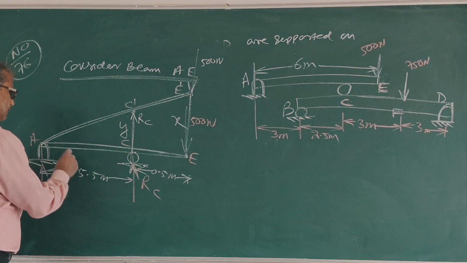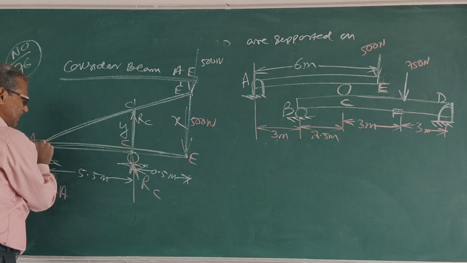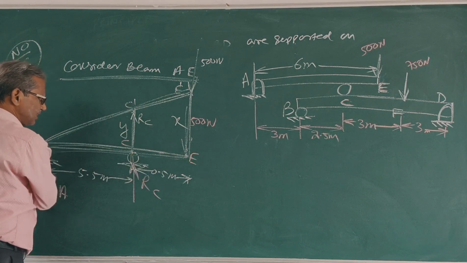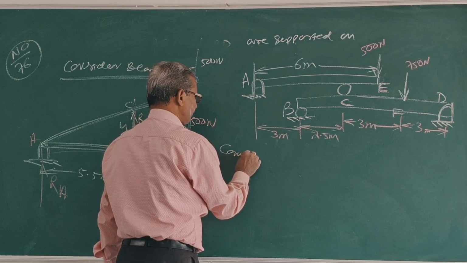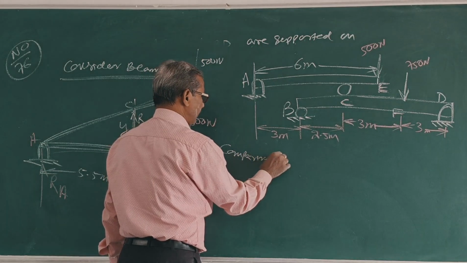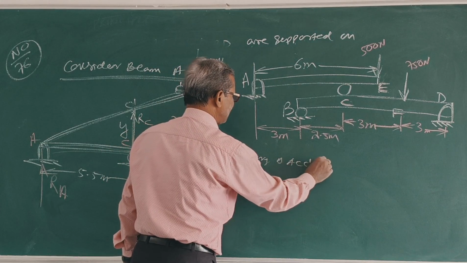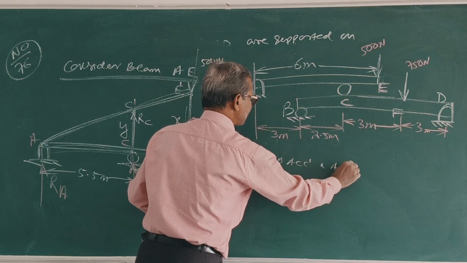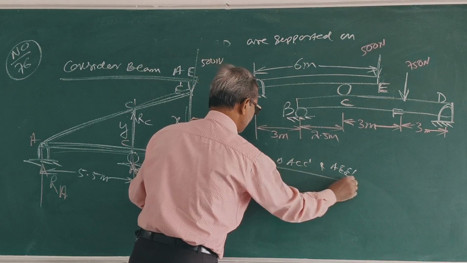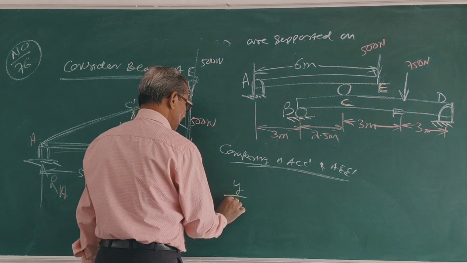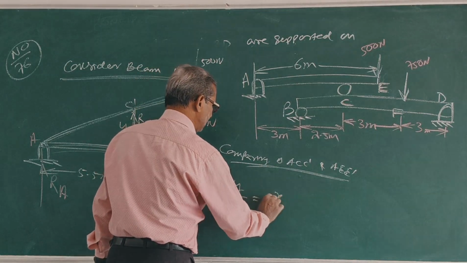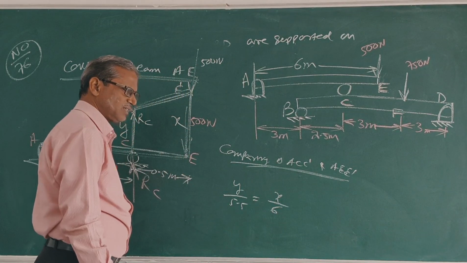Comparing triangles ACC dash and AEE dash, y by 5.5 is equal to x by 6. Clear?